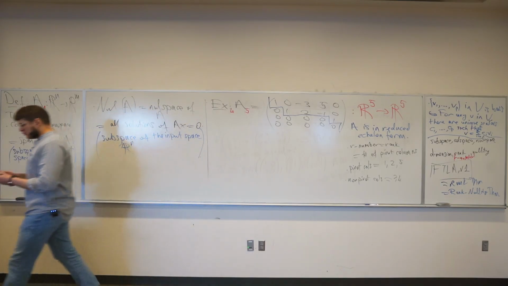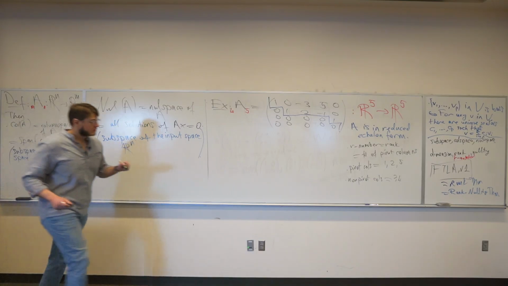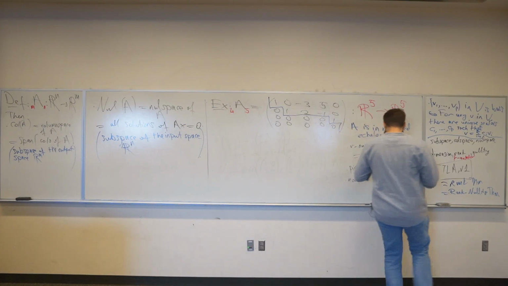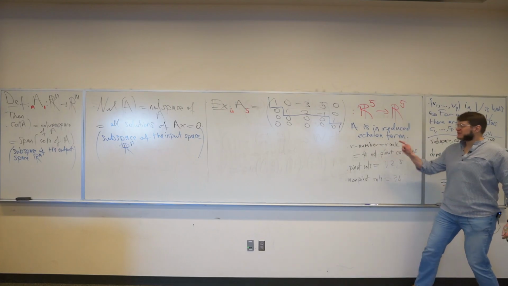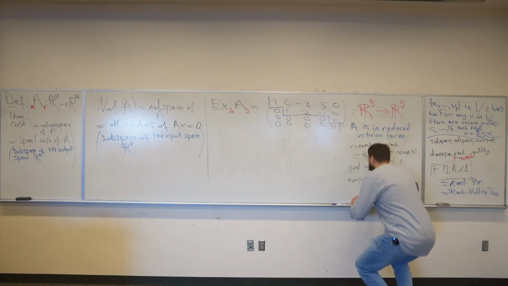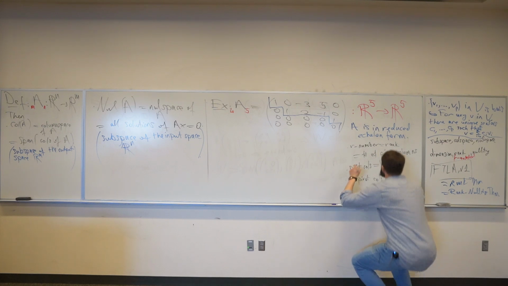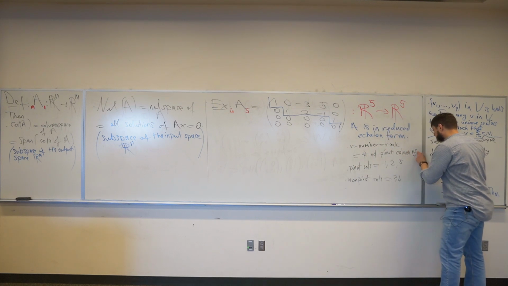This is a very important idea. So the number of non-pivot columns is the same thing as the number of free variables you're going to see.